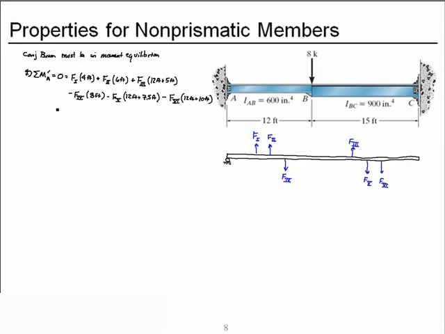So let's substitute in the values we have for the different forces. We have 0 equals, and if I multiply by the various lengths, I get 10.68 feet squared MA over 600 inches to the fourth E.